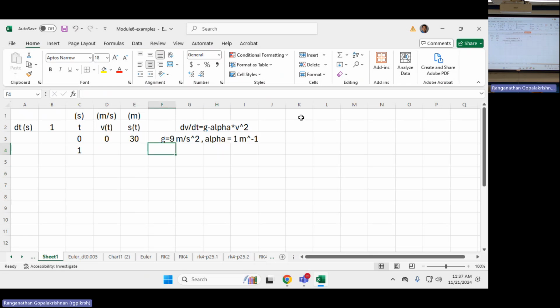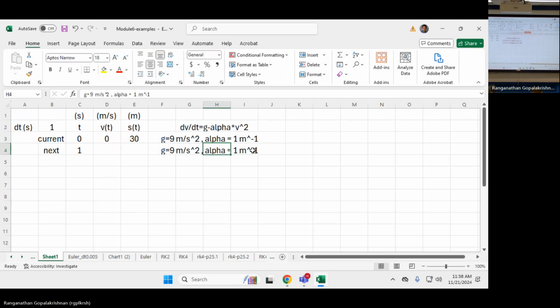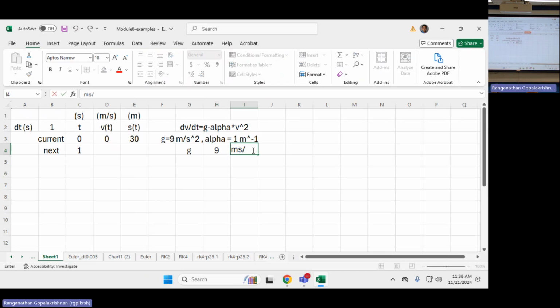So we'll write the next velocity. So if I say this is current, this is my next. This will be current plus dt times, I have to execute this function, g 9 meter per second squared and then alpha 1 per meter.